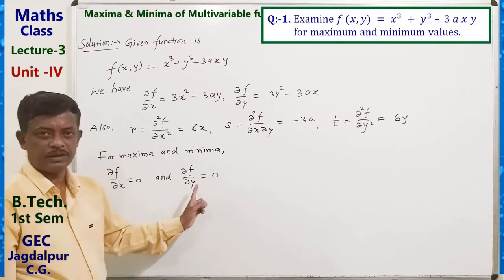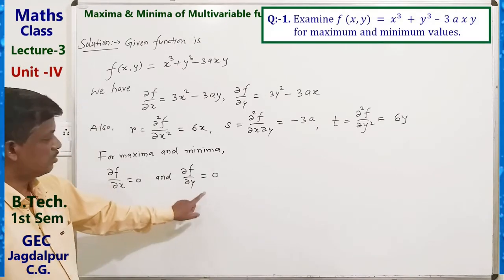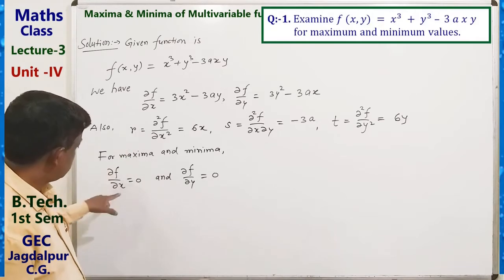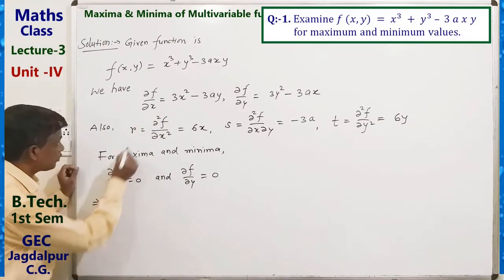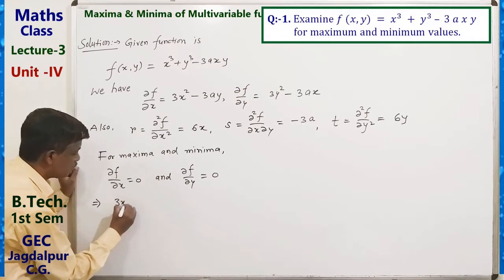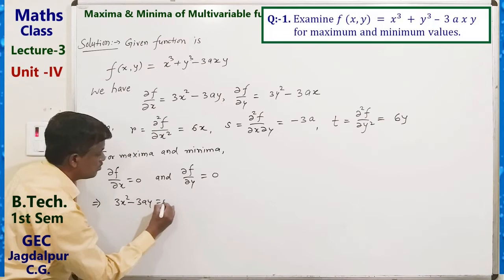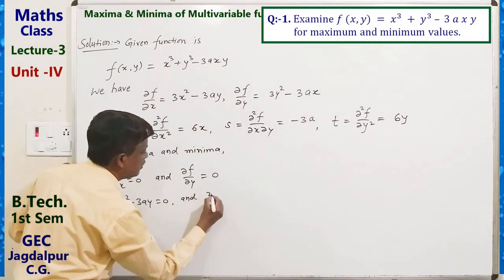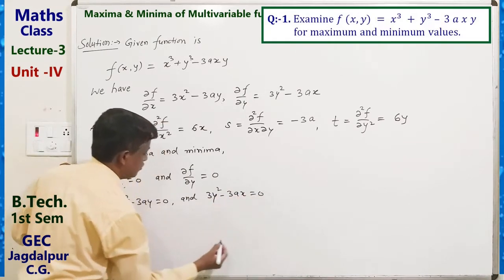For maxima and minima, this is the necessary condition. By solving these two, we can get stationary points. So del f by del x is this, which implies 3x square minus 3ay equals 0, and second, 3y square minus 3ax equals 0.